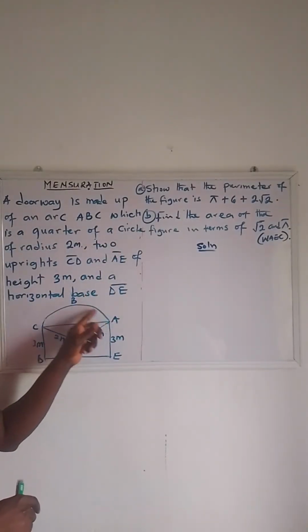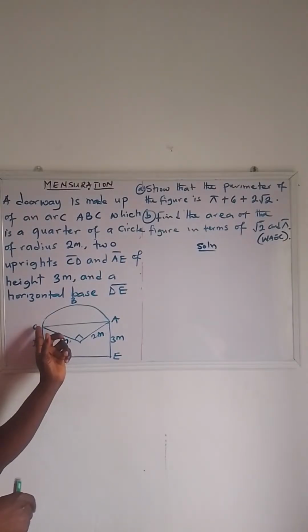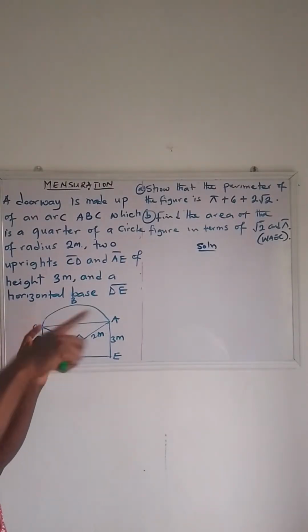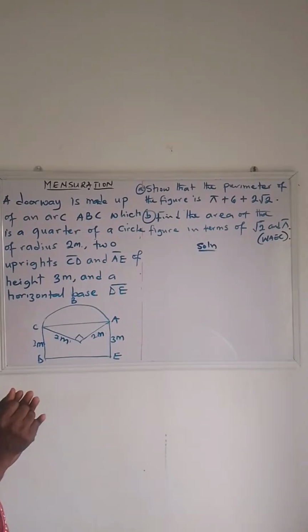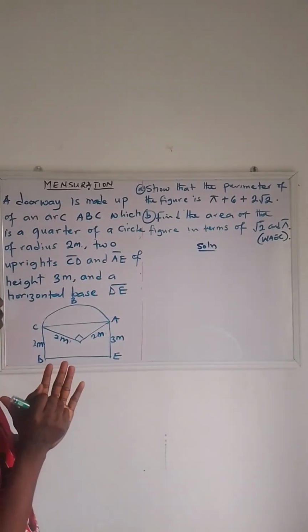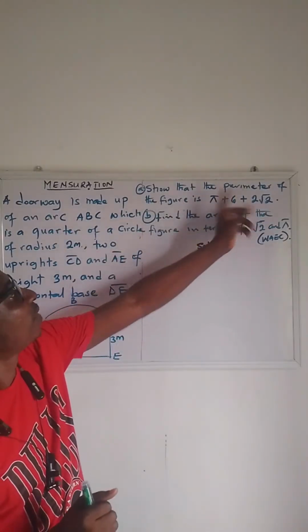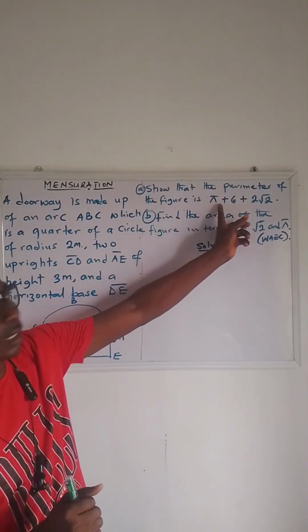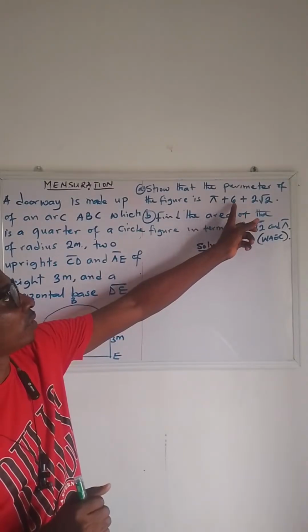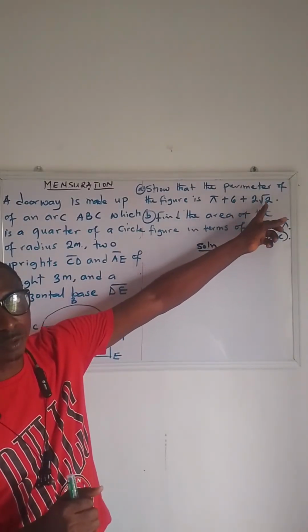So that means the perimeter will also be a quarter of the whole circumference of the circle. The question wants me to show that the perimeter of the figure is pi plus 6 plus 2 square root of 2.